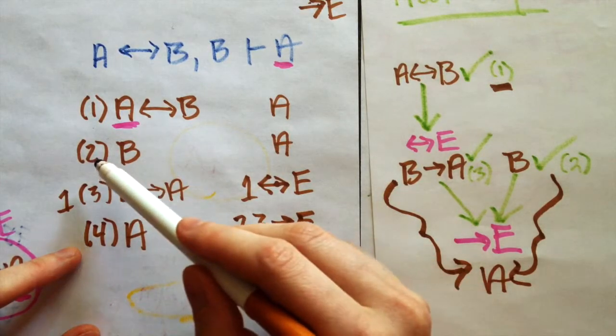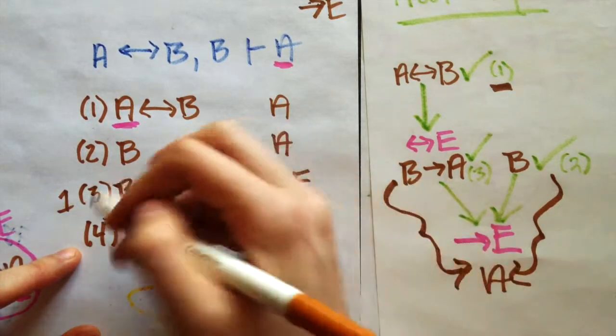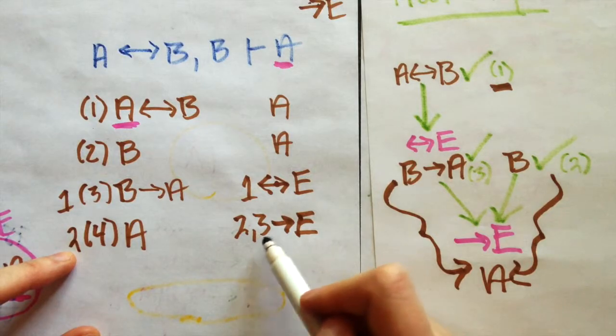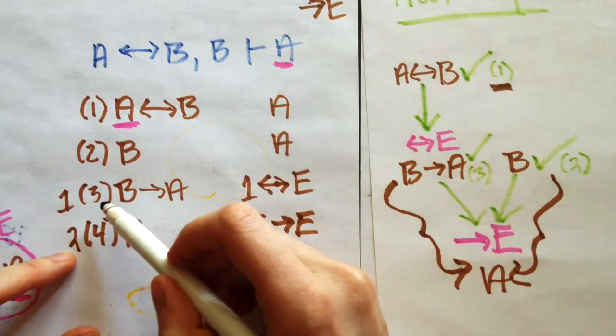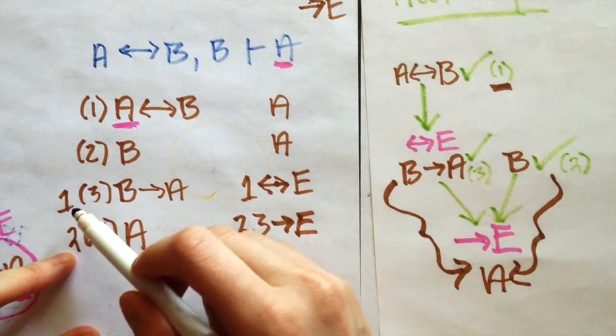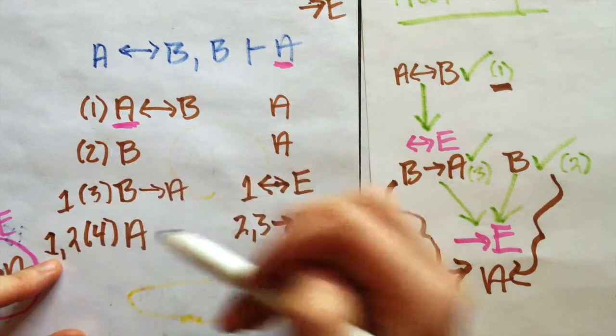You go up to line number 2. Line number 2 is itself an assumption, right? So 2 goes in your assumption set. We also use line number 3 here. So you go up to line number 3, and you see that line number 3 was based on assumption number 1. So assumption 1 is also going to go in this assumption set.